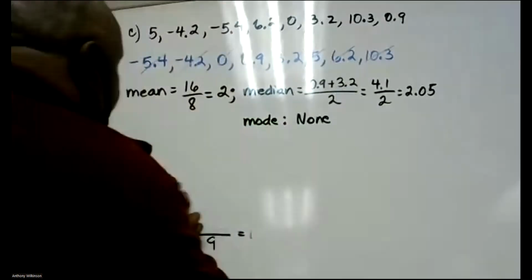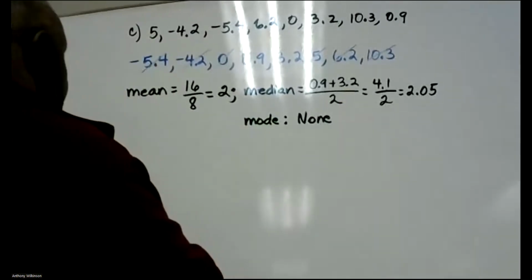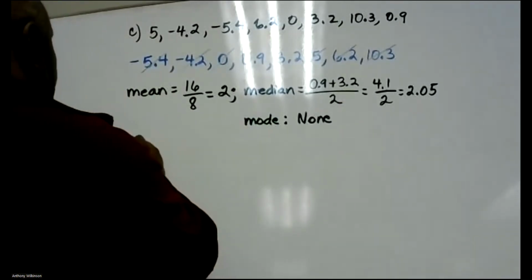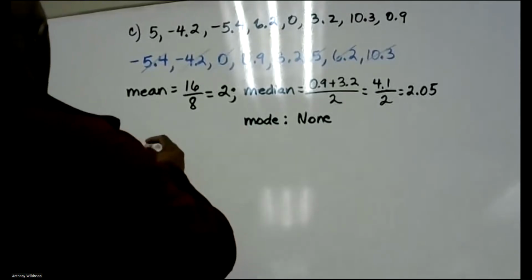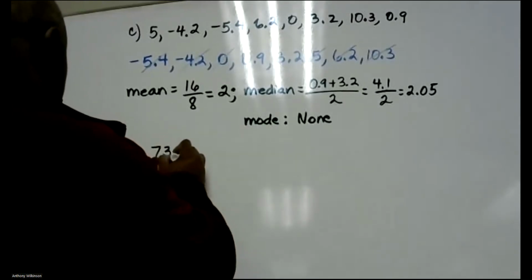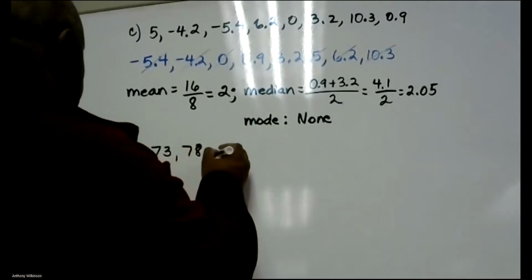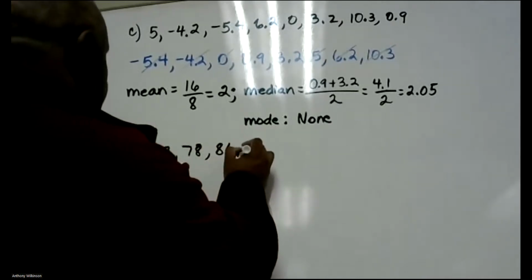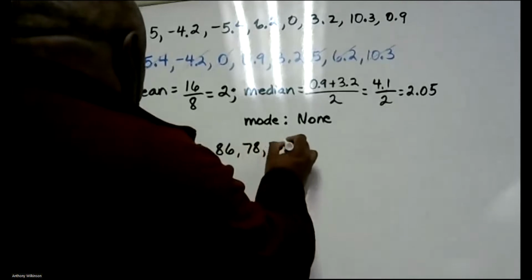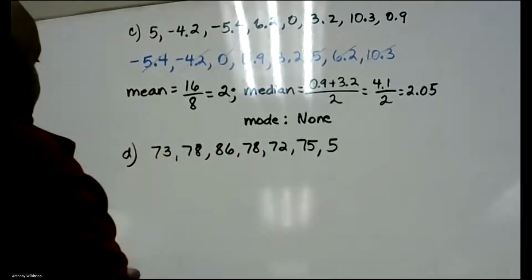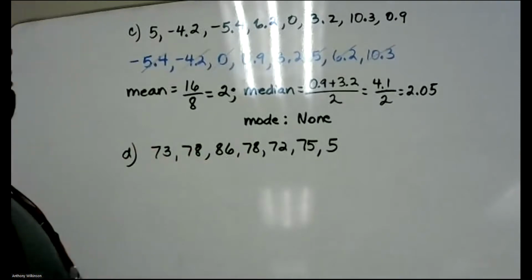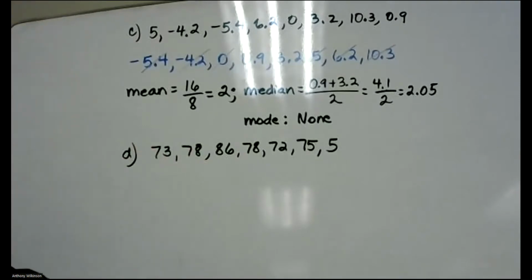And part D. 73, 78, 86, 78, 72, 75, and 5. And first of all, we need to put these in numerical order.